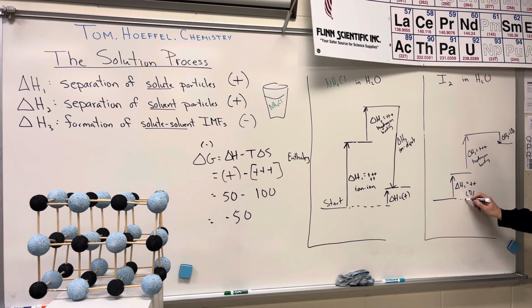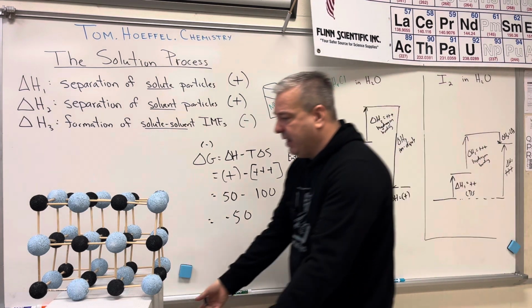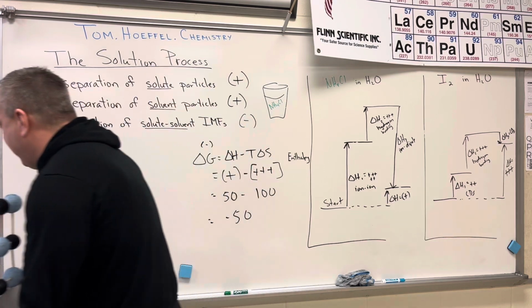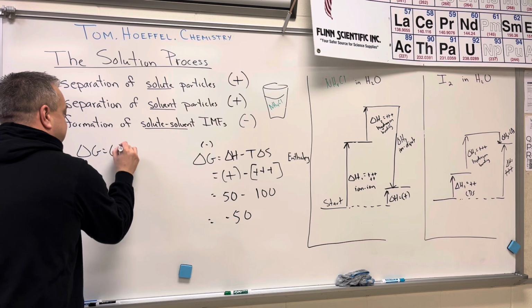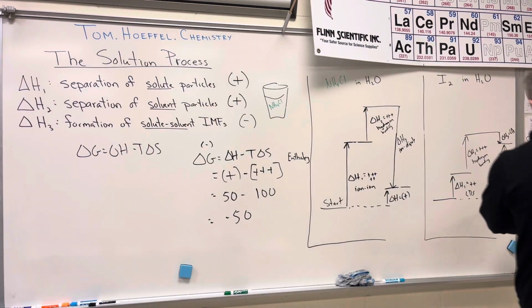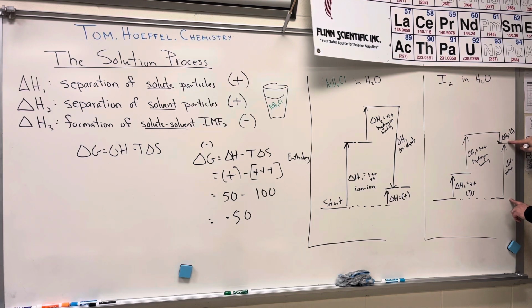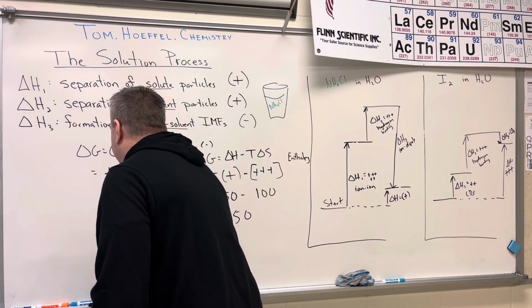And what you find out is you've got this massive delta H here. This delta H is going to be super positive in order to get iodine to dissolve in water. Now, if we take a look at Gibbs free energy for this situation, delta H minus T delta S, if we have a very large enthalpy change, that makes this number super positive.